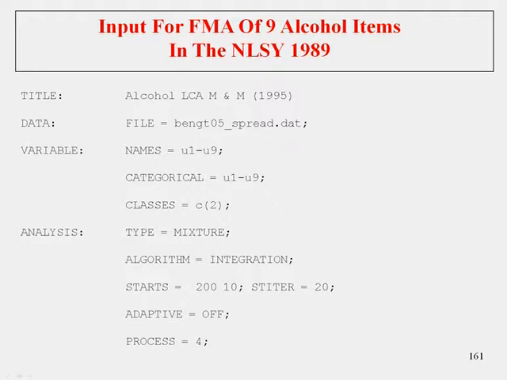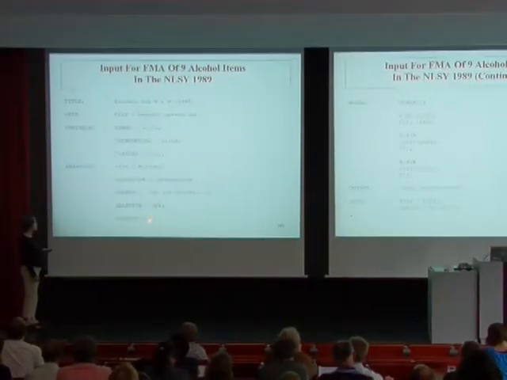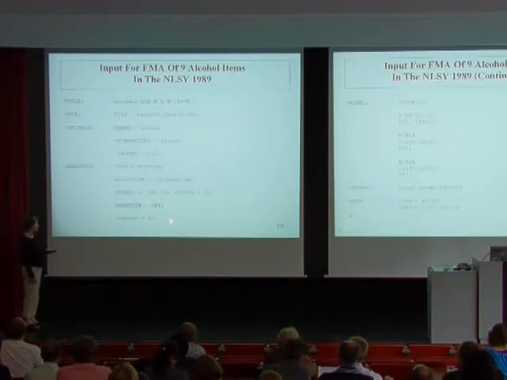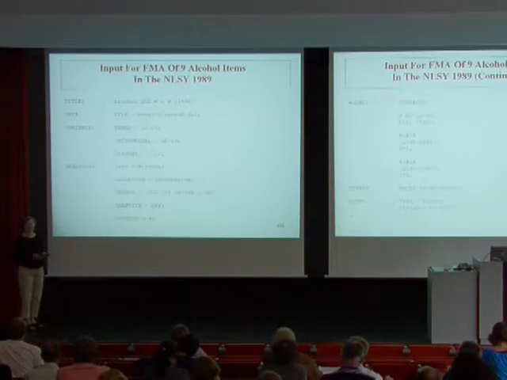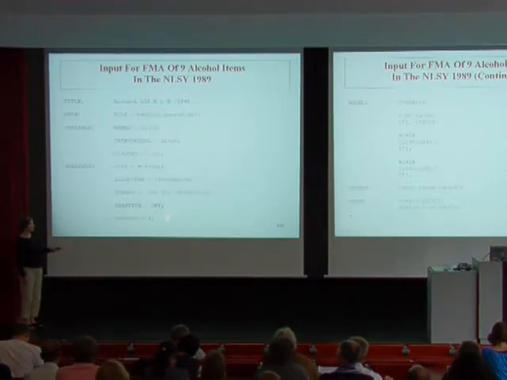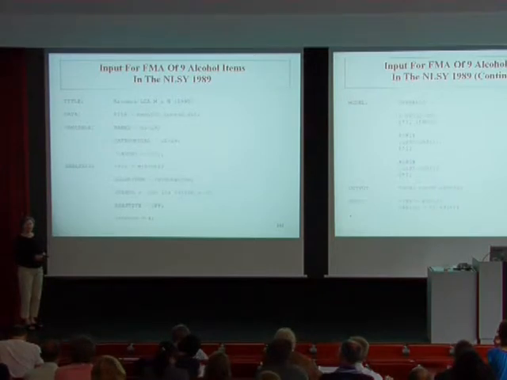If you have multiple processors, and you put after the number of processors parentheses with the word starts, end of parentheses, then that in addition spreads the random starts across the multiple processors in a way that makes things even faster. So for those of you who are running analyses that take a long time, you might want to make a note of that, the starts setting of the processors option.